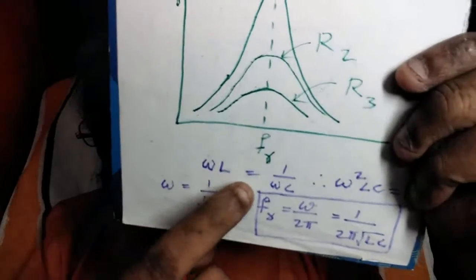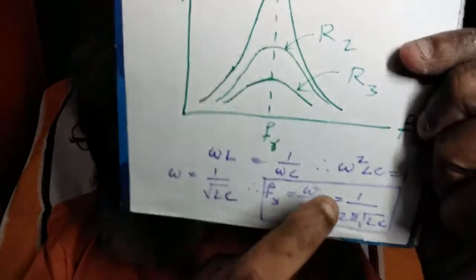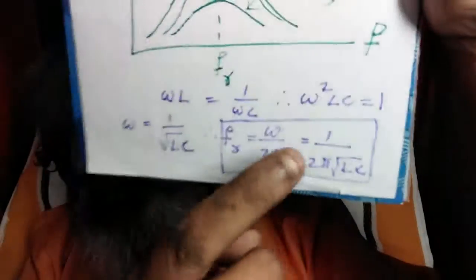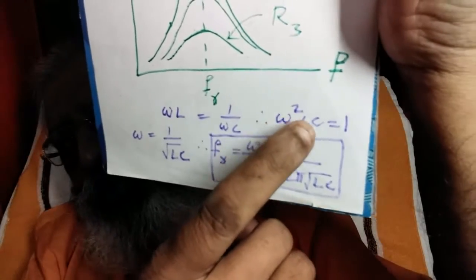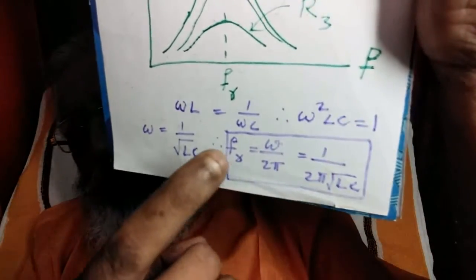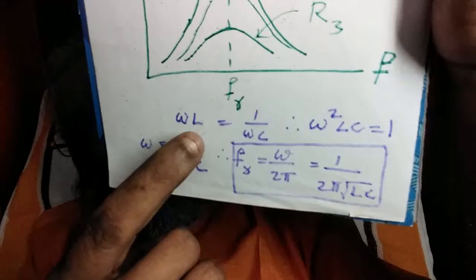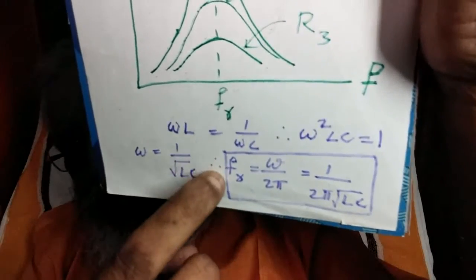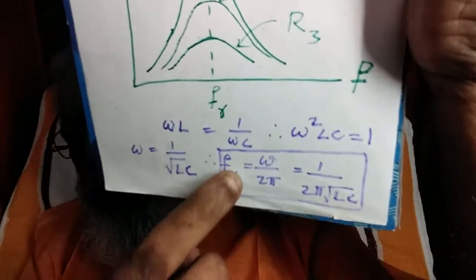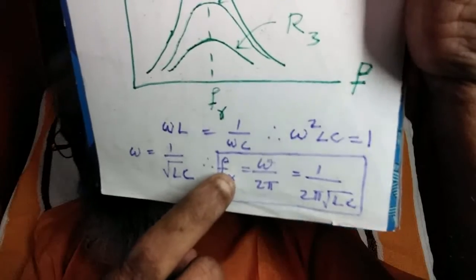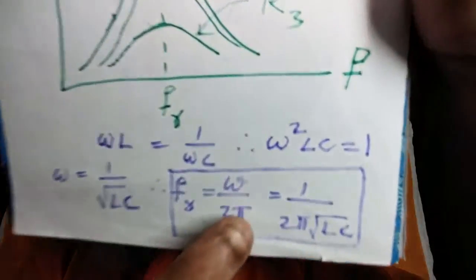Now from this expression, we can solve omega L equals 1 by omega C. Just cross multiply this, you get omega square LC equals 1, from which omega equals 1 by square root of LC. So frequency f equals omega by 2 pi.